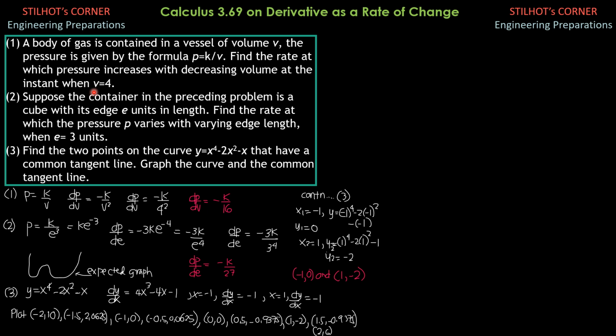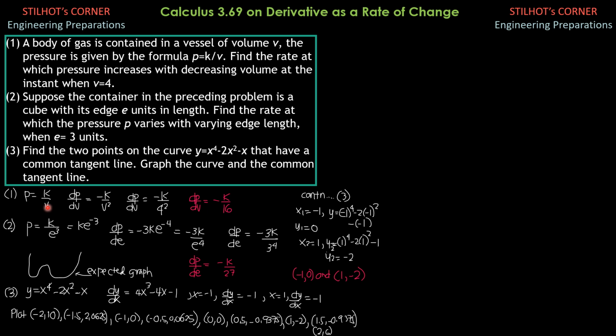So let's focus on problem 1 first. So this is the given formula. Pressure is inversely proportional to volume, and remember from gas law, when the temperature is held constant, PV equals constant. So that's why pressure is constant over volume.